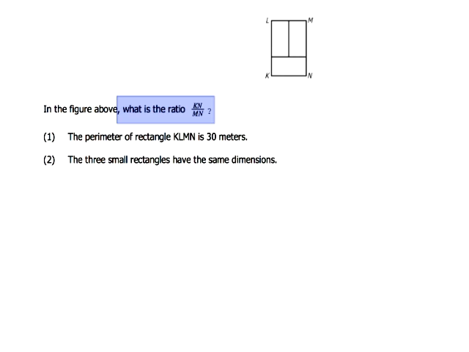So consider this. The problem here is, what is the ratio of Kn to Mn? If you think that you want the values of Kn and Mn, you have already gotten this problem wrong, before you even start doing the work.